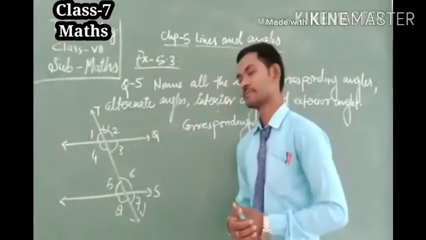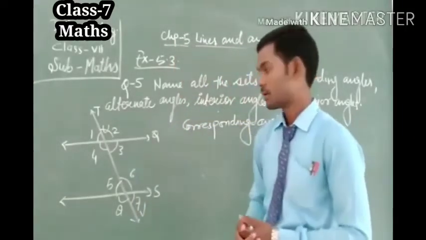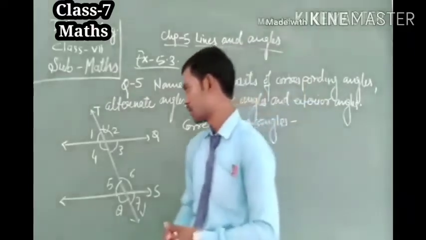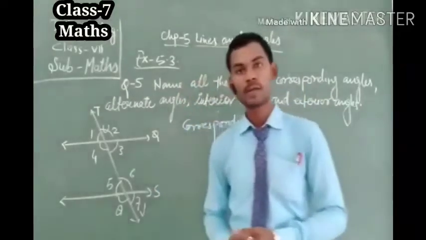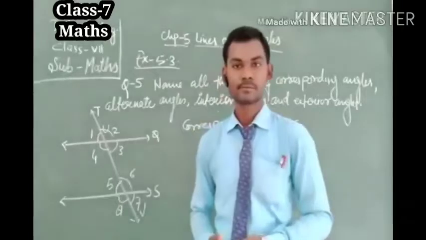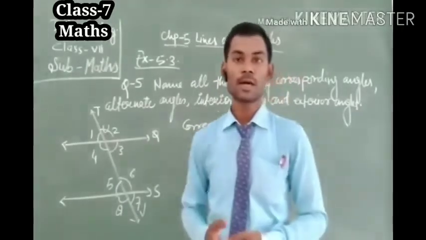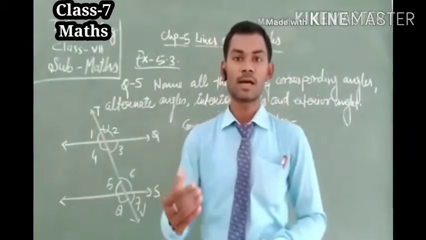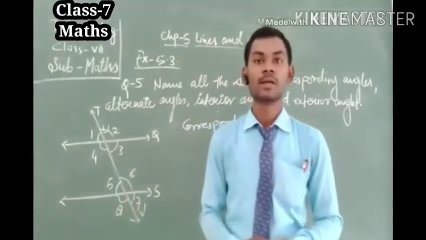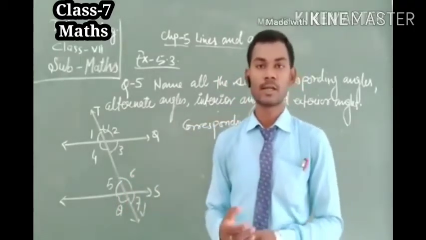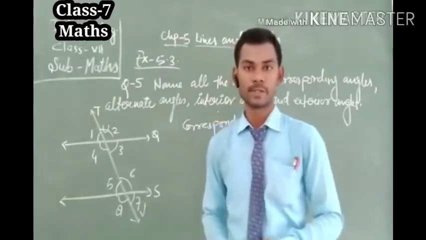In the figure, we know that a pair of angles in which one arm of each angle is on the same side of the transversal and the other arms are formed by the transversal are corresponding angles.